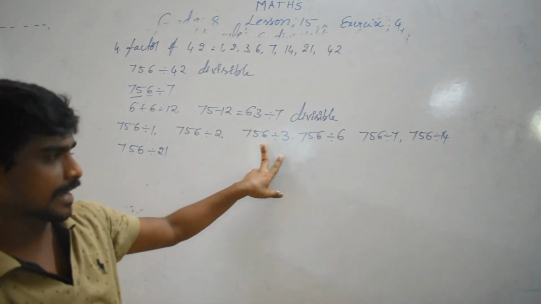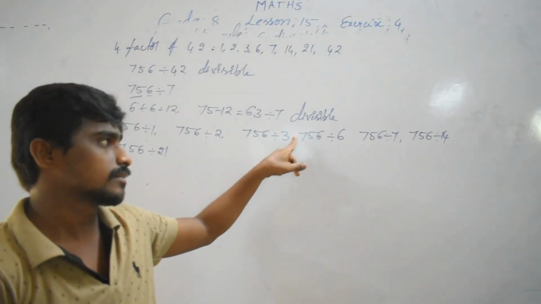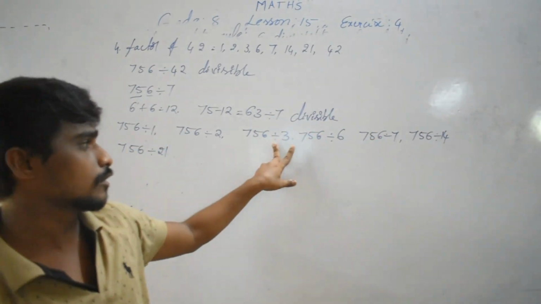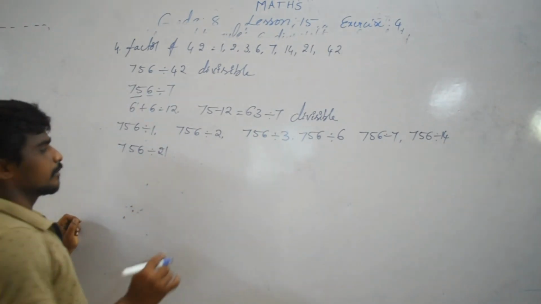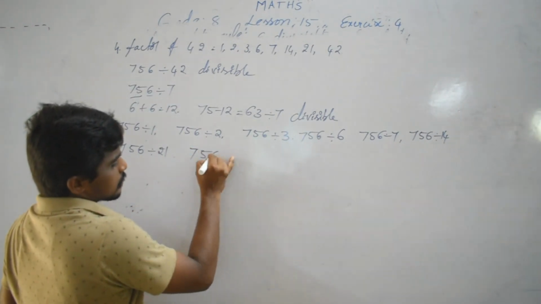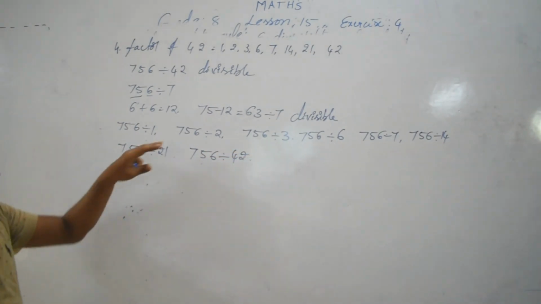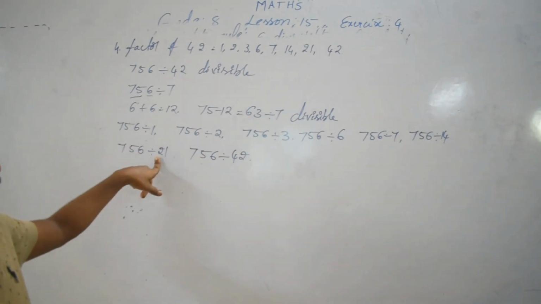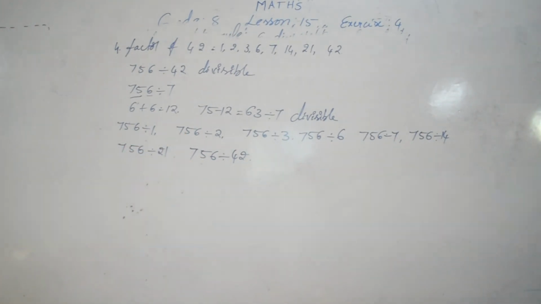A number divisible by 3 and divisible by 7. Why? 3 sevens are 21. So these two numbers are satisfied, so 21 is also satisfied. 756 divided by 42: 2 and 21 divisible, so that number is also divisible by 42.